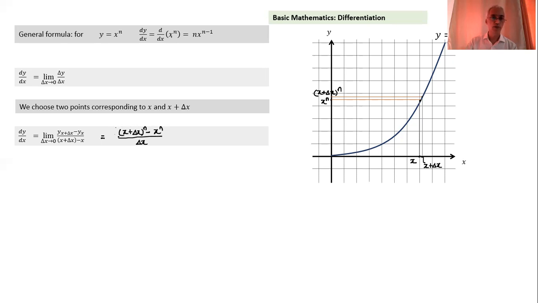Now let me focus on this part only. Let me write separately. What is x plus delta x raised to power n? So first what I do, I take x common out. So if I take x common out, what comes out of this becomes x raised to power n, and what is left is 1 plus delta x by x raised to power n.